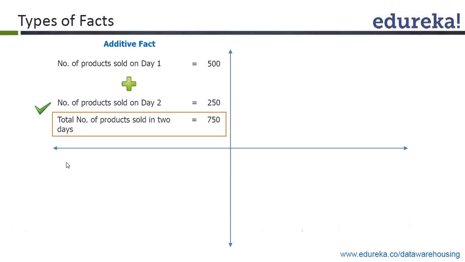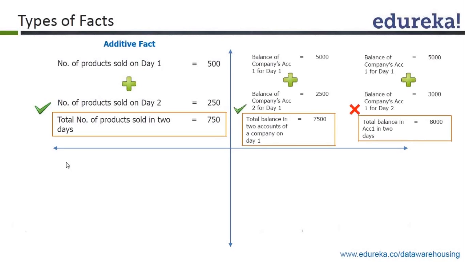The measure, number of products, is a measure. So these two measures you can add together to get a value of 750 in this case. That is called an additive fact. This is a type of fact which is called an additive fact. The second example you see here is the balance of an account, meaning the balance of your bank account.